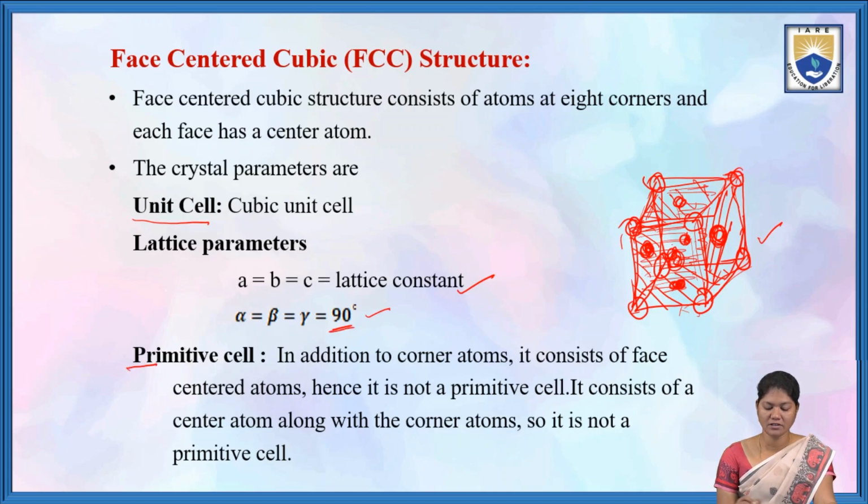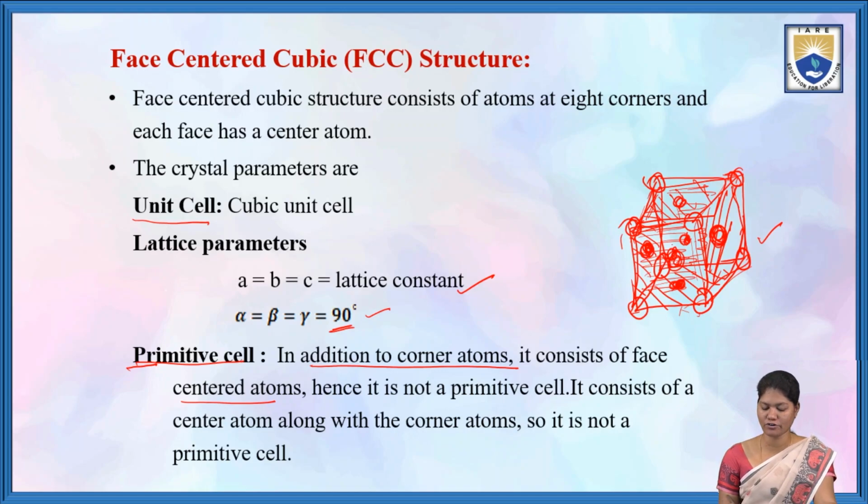And here, the primitive cell. Is it a primitive cell or not? A primitive cell consists of only one atom in the unit cell. But here, in addition to corner atoms, it consists of face-centered atoms. So it is not a primitive unit cell.